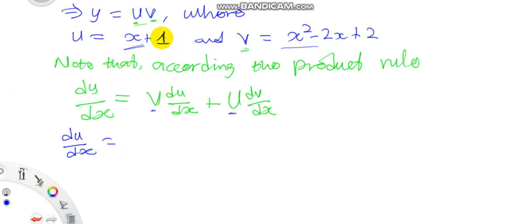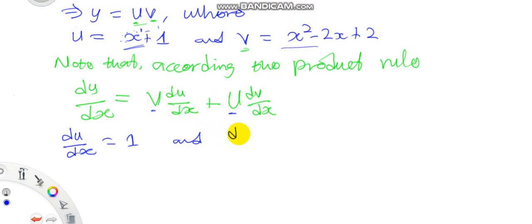The derivative of a constant is 0, and the derivative of x, you multiply by the power and subtract 1 from the power. 1 minus 1 is 0, x raised to the power 0 is 1, so 1 times 1 is just 1. So du dx is 1.